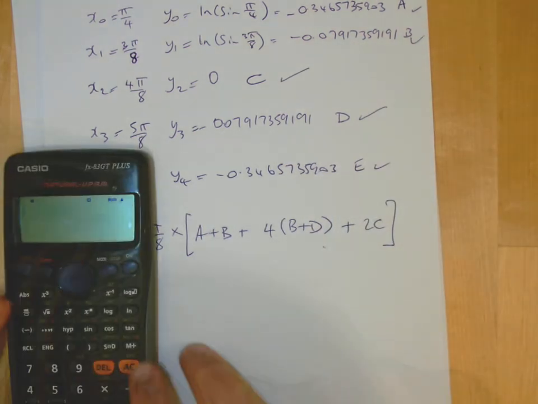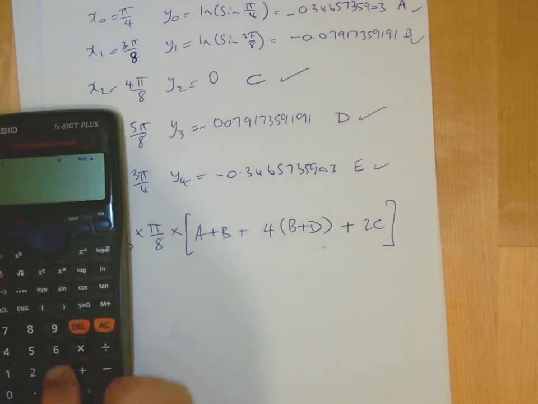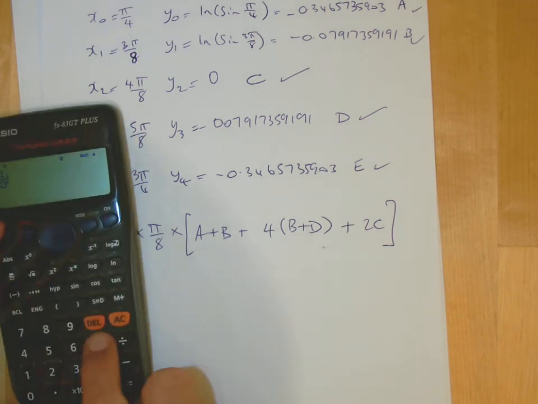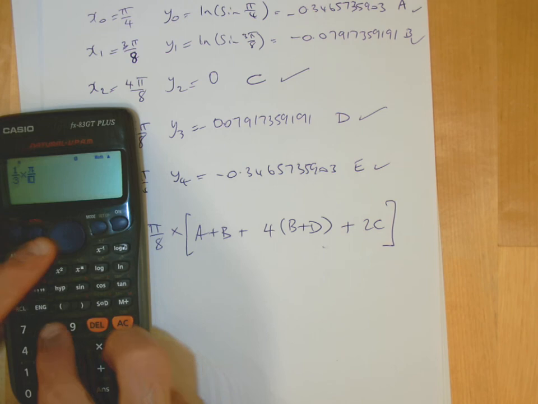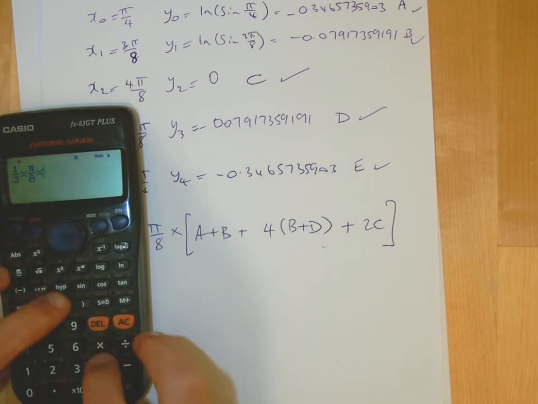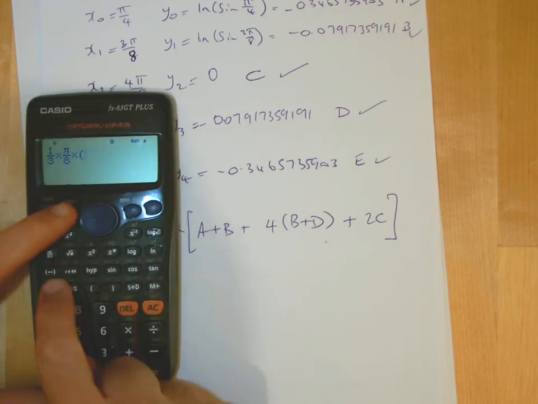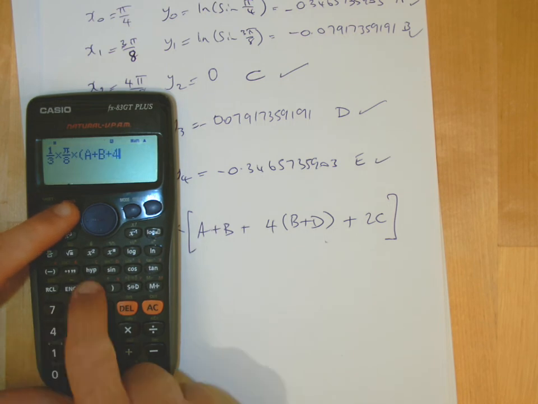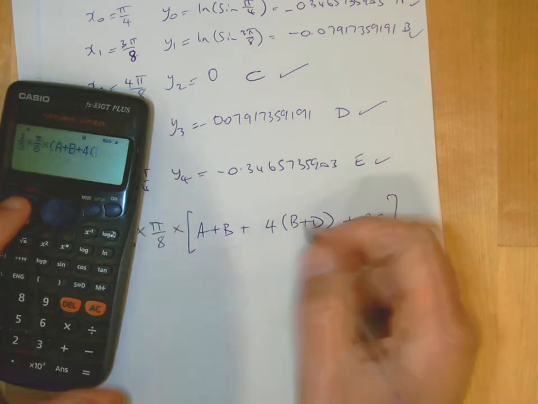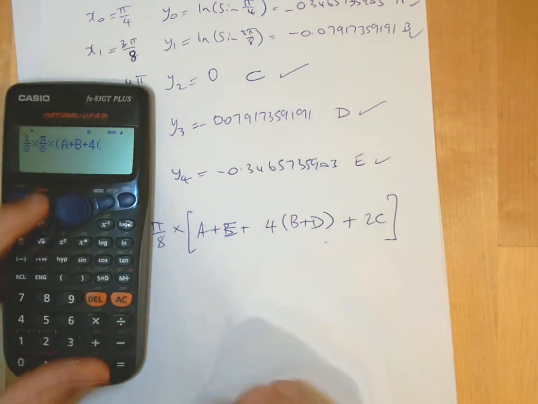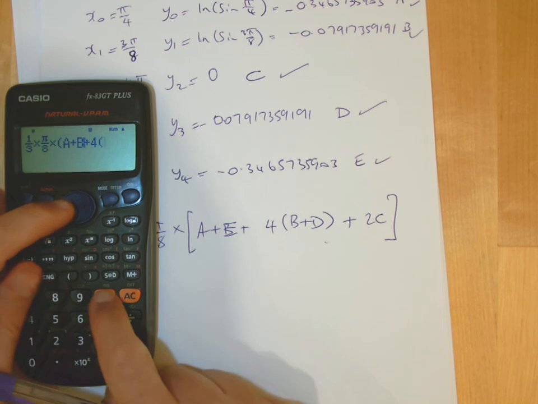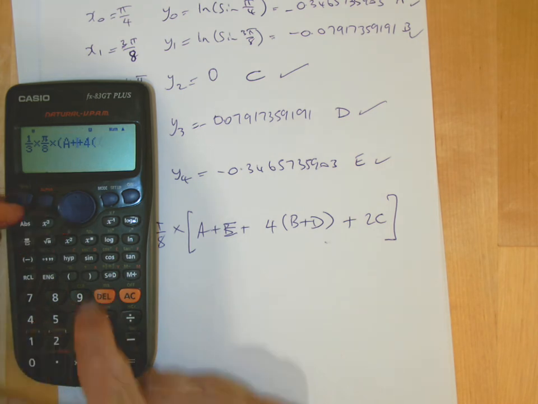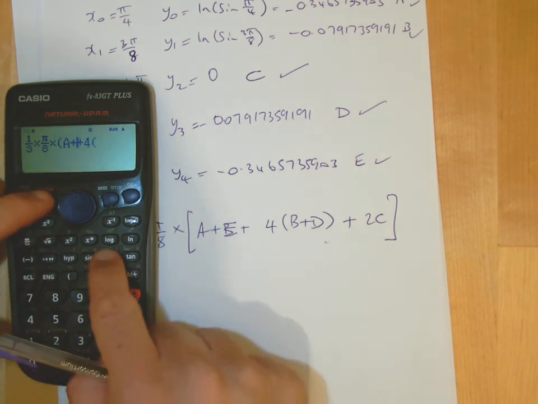So that's what I'm going to type in my calculator. To get the A back, you press alpha A plus alpha, I've gone wrong here, alpha E that should be, for E, that's the last term. I need to change this here. First and last term, use Simpson's rule properly.